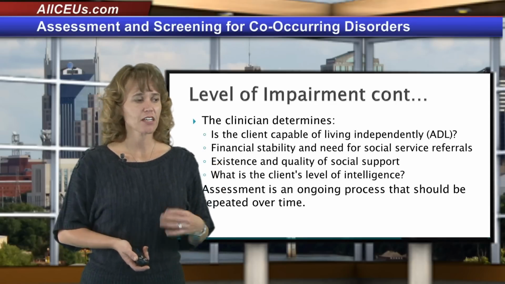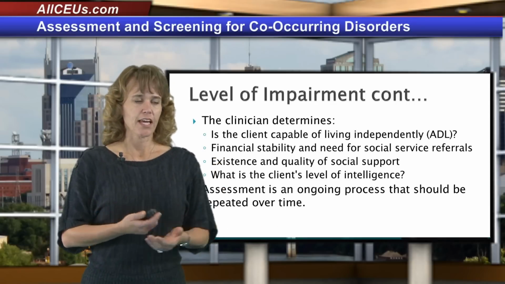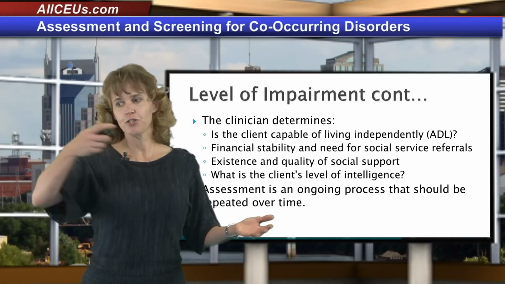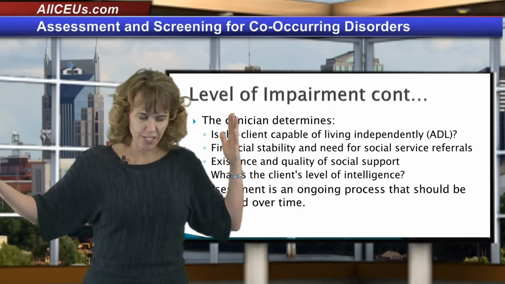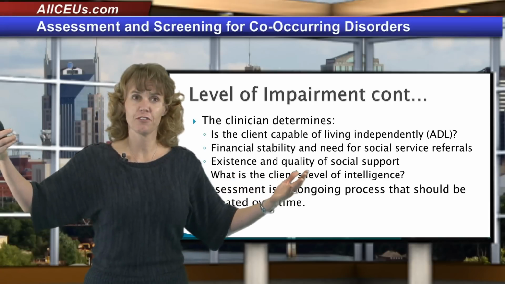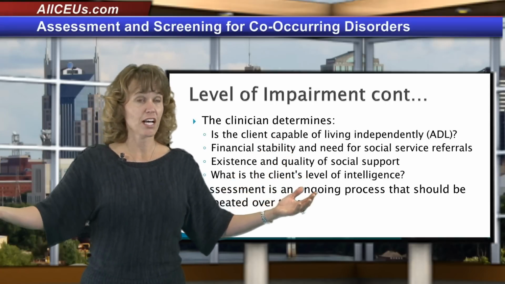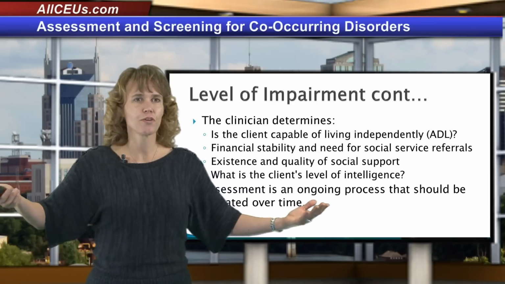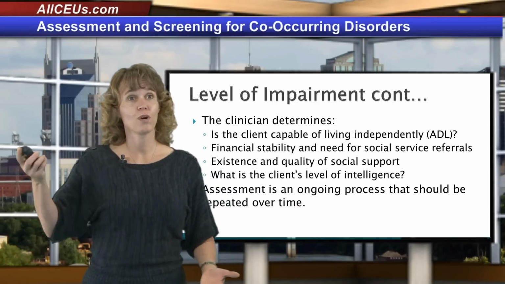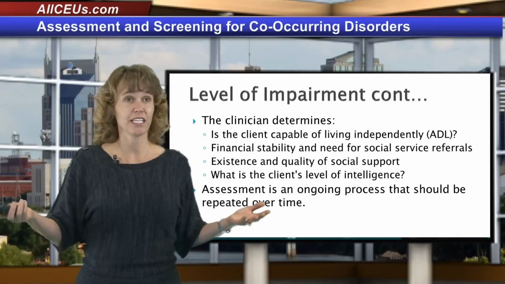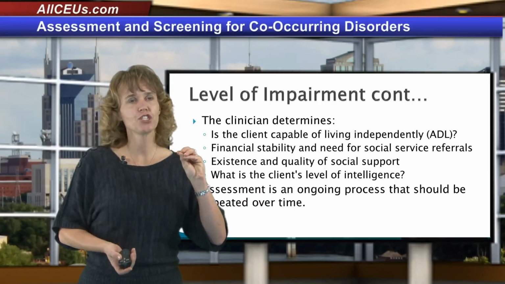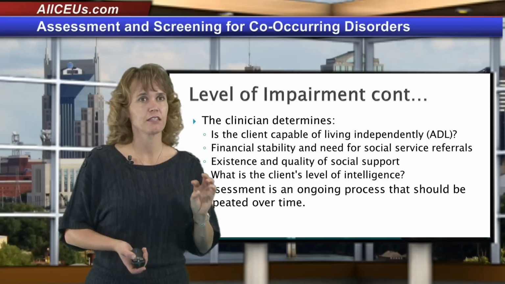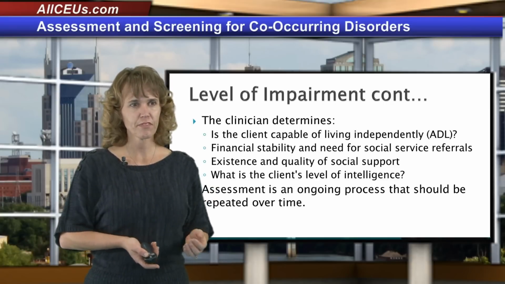If you have a client with a below average level of intelligence and you put them in a group, and I'm just going to exaggerate, but you put them in a group with a bunch of SAMHSA clients, they're probably not going to mesh very well, and one or the other is not going to be engaged. So you need to adjust your treatment protocols to meet the client's needs and preferences.